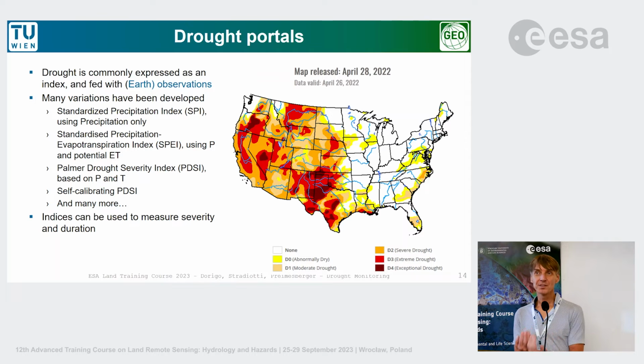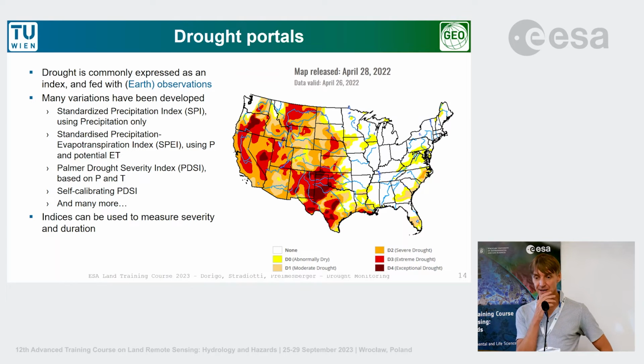What you find in drought portals is often an index. Like before, you see here again exceptional drought, extreme drought, severe drought, normal conditions, and so on, and some combination of Earth observations, meteorological observations, even modeling. So many variations have been developed.